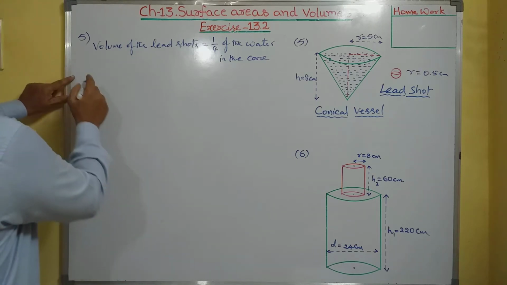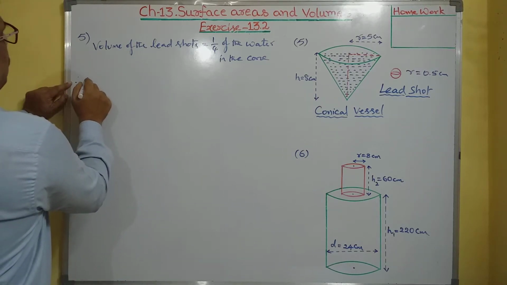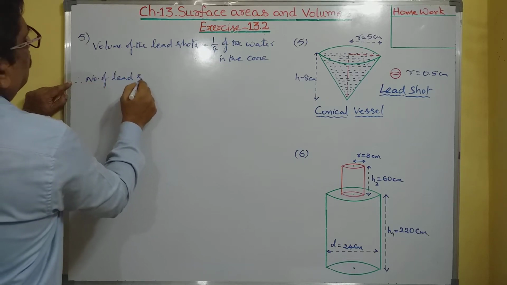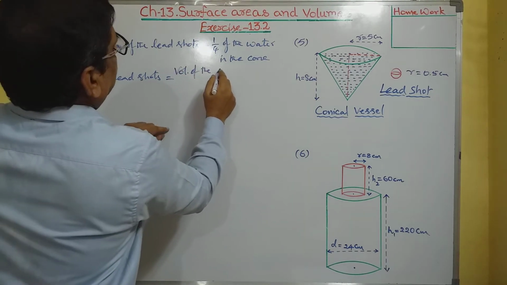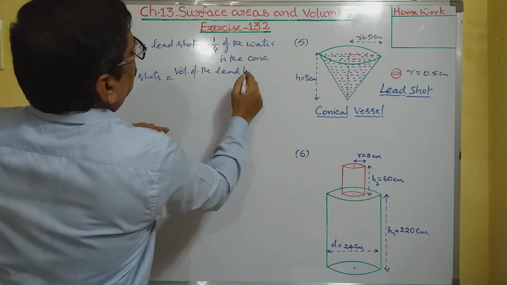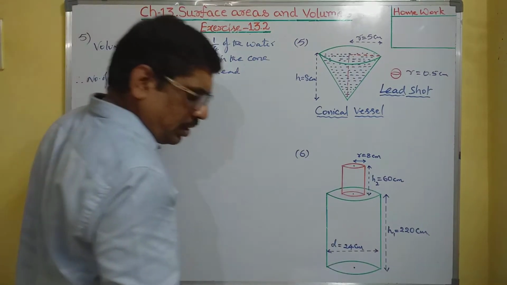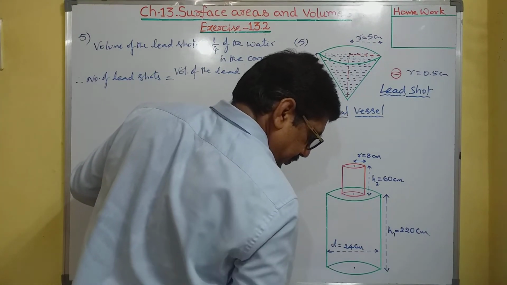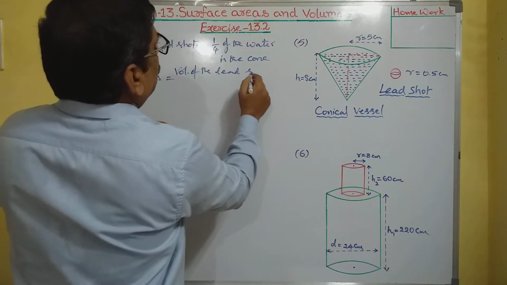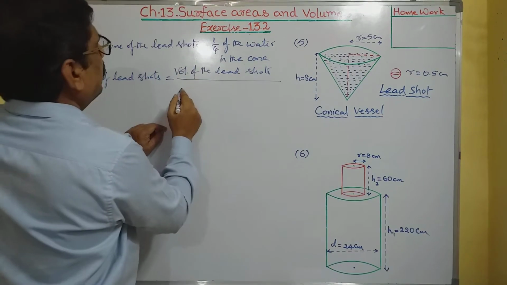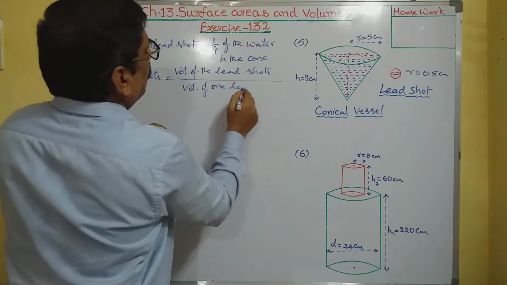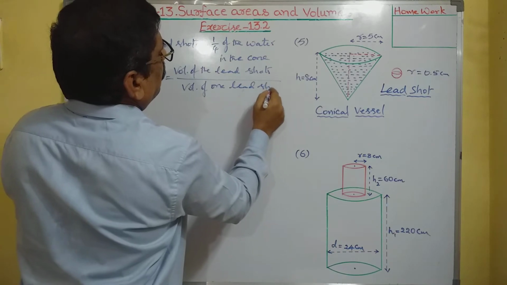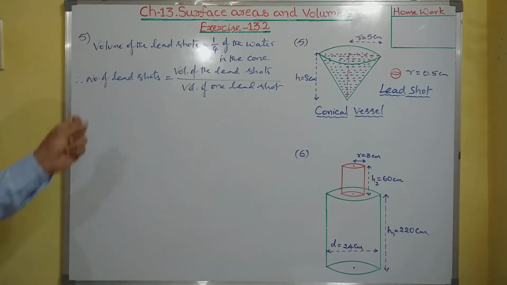Therefore, the number of lead shots is equal to the volume of the lead shots by the volume of one lead shot.